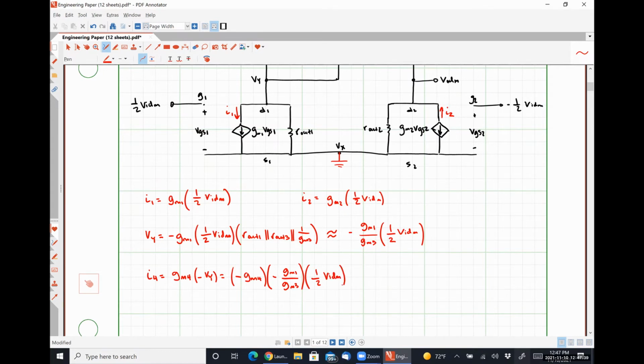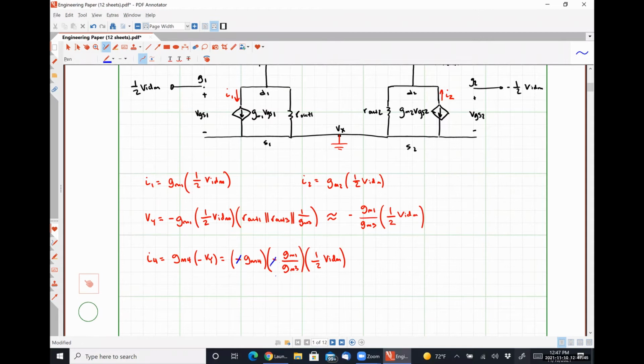And obviously, this negative sign cancels that negative sign.